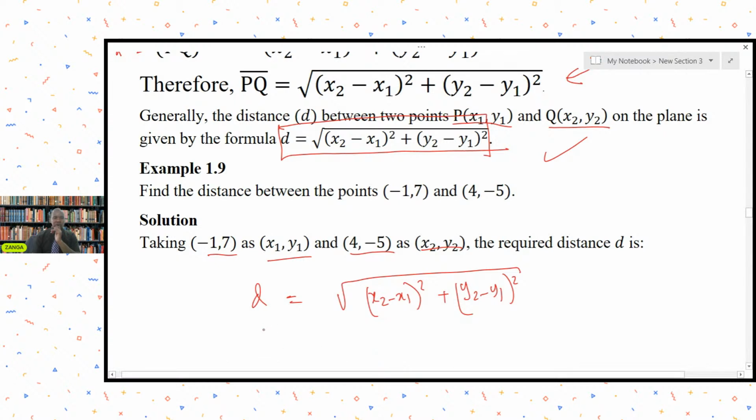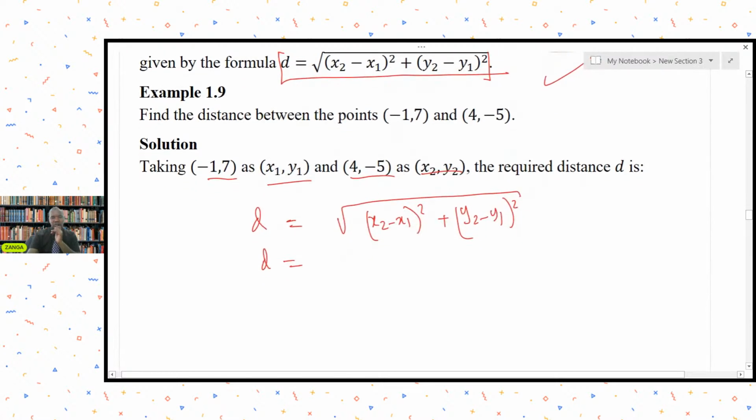So we're going to plug in the values of x2, x1, and also y2, y1. So x2 is 4. So 4 minus negative 1, then square, plus y2 negative 5 minus 7, then square, all under root.